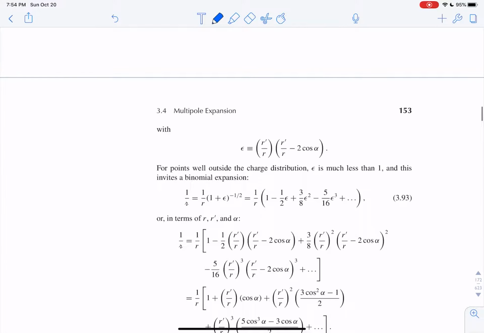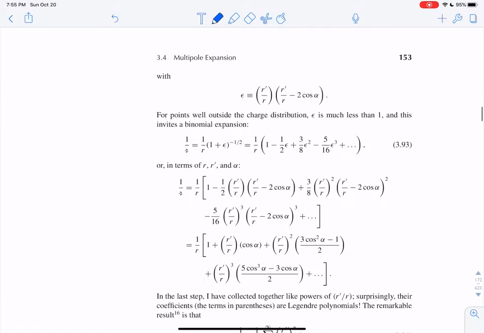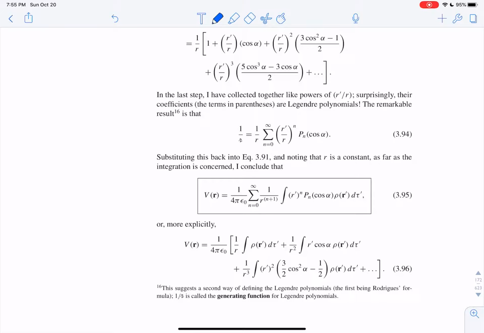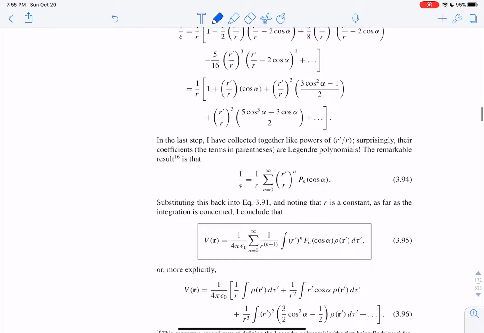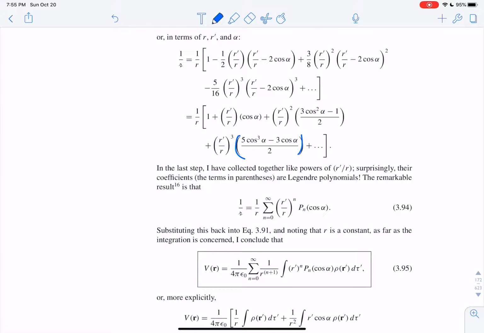Okay, and then if that's the case, again, you have your binomial expansion, and he goes a few more orders of terms, 1 minus a half epsilon plus 3/8 epsilon squared minus 5/16 epsilon cubed, and so on, adds it up, and then he keeps going with some algebra to collect the terms. And then this thing, if we look at it, the coefficients, all these terms in parentheses, are the Legendre polynomials.